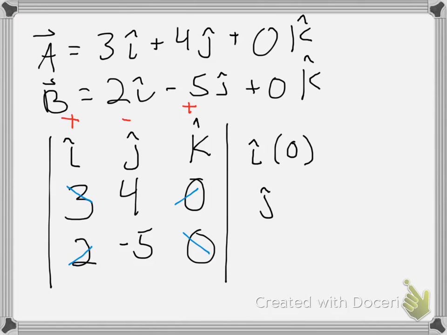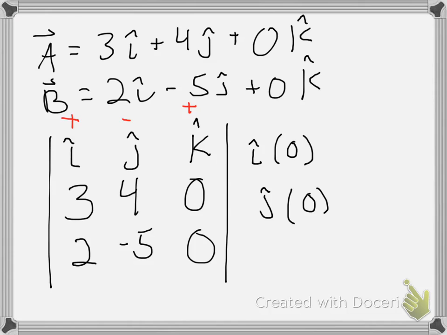Notice I'm skipping the two numbers that are in the column that my j unit vector is in. I'm basically taking them out of the equation and just dealing with the numbers that are left. And like I said, if you know anything about matrices and determinants, that makes some sense to you. But again, in this case, what I get is a big 0.